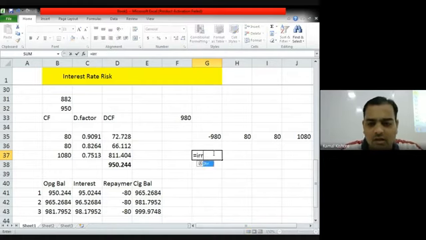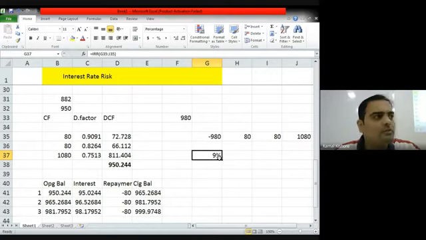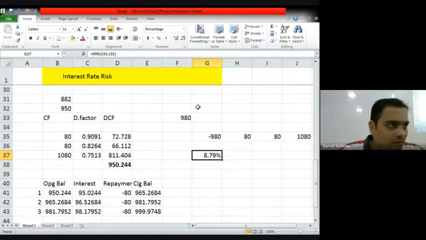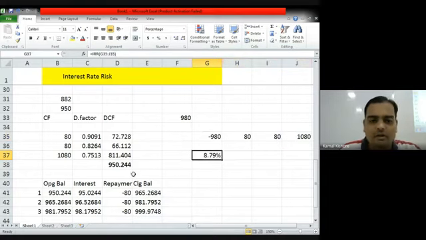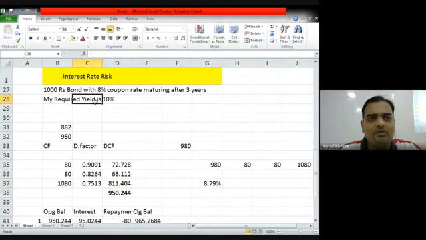So if I calculate the IRR, what is the percentage I'm getting? 8.8%. If you also calculate using your formula, whatever we have discussed in the class on weekdays, you will get this number. So that means this bond is giving me only 8.8%, whereas my requirement is 10%. Right? So I will not go with this bond.